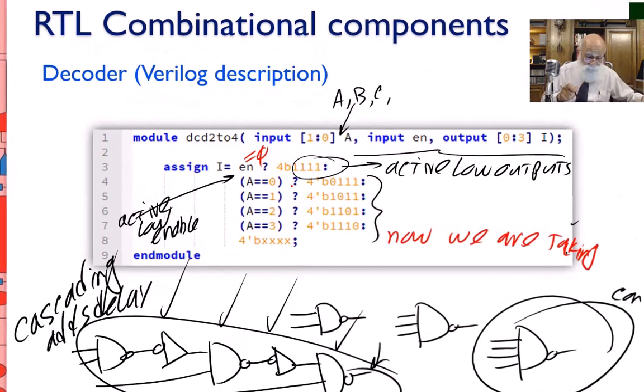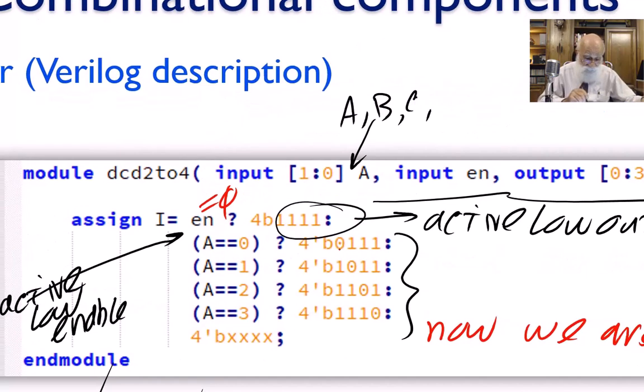This is number representation in Verilog. The string is 4 bits. The number of bits I'm writing are 4. A single quote followed by B is binary. The number I'm going to put is a binary number, 0, 1, 1, 1. Okay?